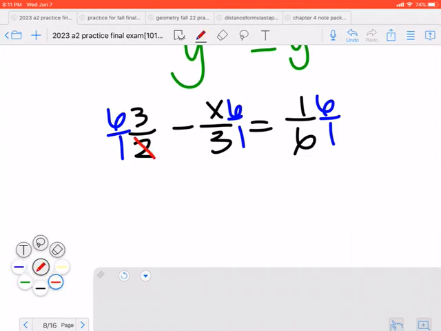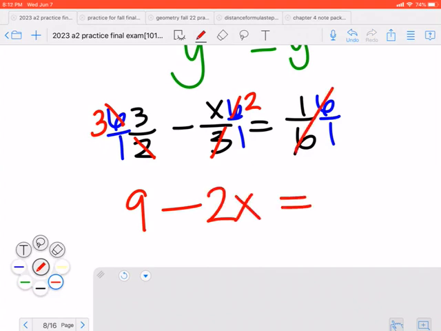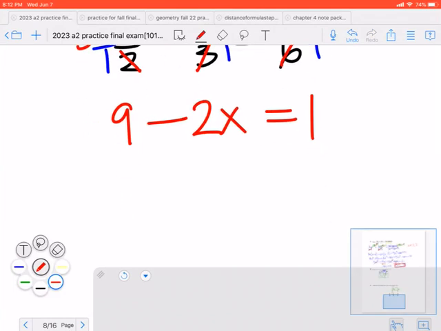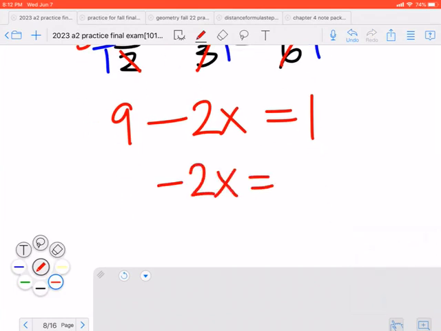2 goes into 6 3 times. 3 times 3 is 9. Minus 3 goes into 6 2 times. X times 2 is 2x equals 1. Subtract 9 both sides. 1 minus 9 is negative 8.